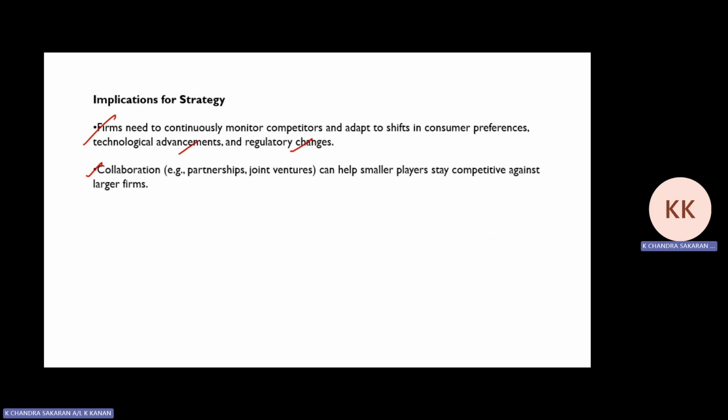Then collaboration: whether they want to work together or not, partnership, joint venture. For example, now we can see some firms trying to merge with other firms, like Toyota, which recently said they may want to consider working with Nissan. Why do they do all these strategies? It is the implication of this. They look at all the things that can happen. It's better for them to work together rather than compete with each other.